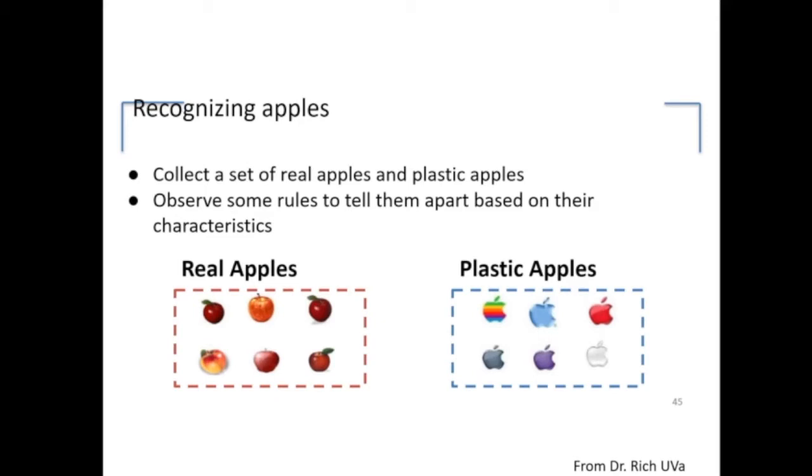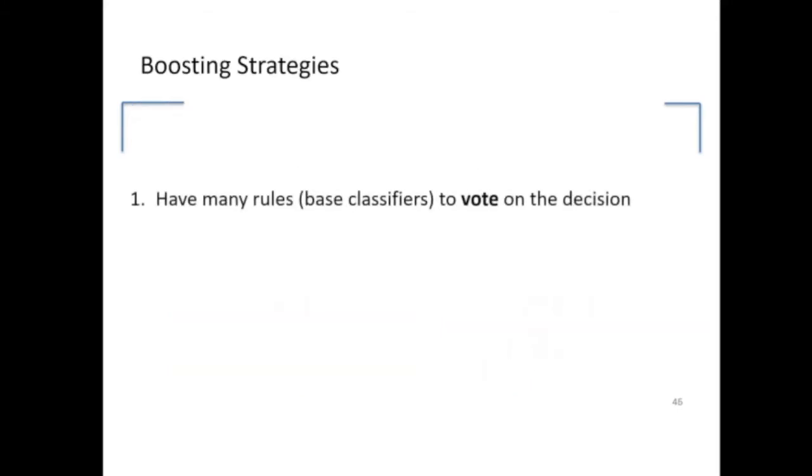So you try to classify the real apples versus plastic apples, and then you try to make things super simple. You try to learn super simple decision rules as base learners.